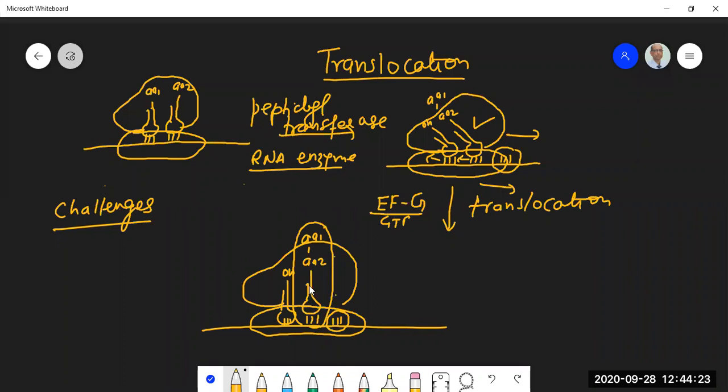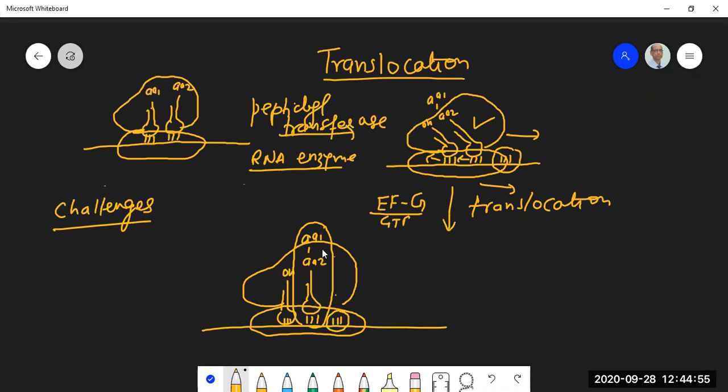If it just moves in one step, there is always a possibility that this tRNA, which is carrying the peptidyl chain, may drift away. Now you are seeing only two amino acids, but at different stages of synthesis, it may carry a peptidyl chain comprising more than 10, 15, 20, 25, 50, 55 amino acids also. So the important thing, and the challenge, is to retain that peptidyl tRNA within the ribosome until what time?